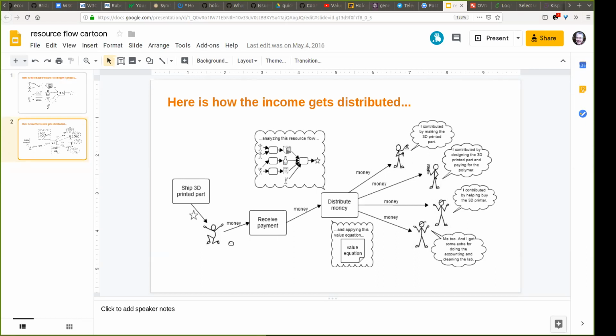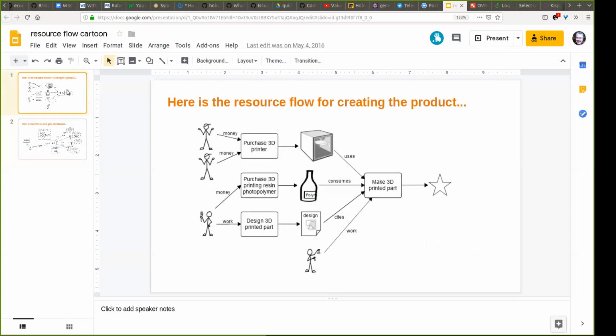So the group that does the work on this project, let's call them the 3D printer project, has created for themselves a value equation, which is just an agreement between them for how they want to distribute income. And it has all the rules and math you need to do that. The distribution process combines the value equation with what it knows from this chain of events.